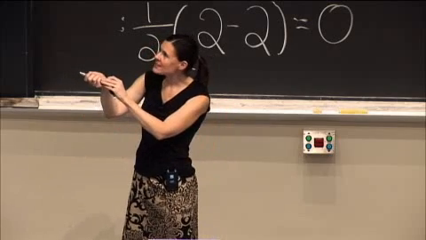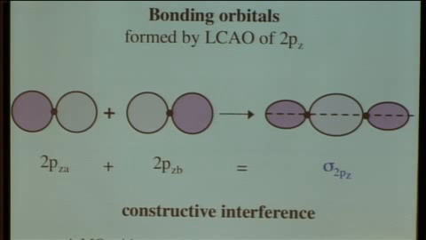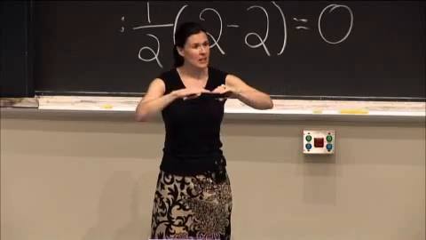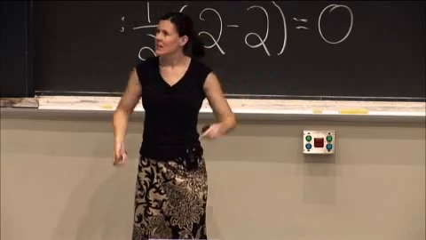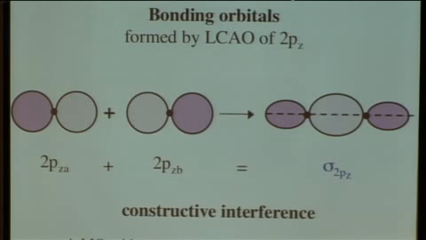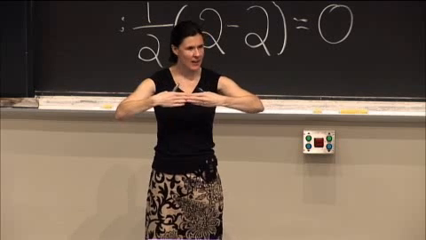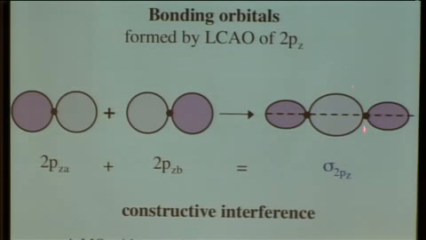Specifically, it's always the z that forms the sigma orbital, and the reason is, at least at a minimum for this class, we always define the internuclear axis as the z-axis. So it's always going to be the two pz's that are coming together head-on.